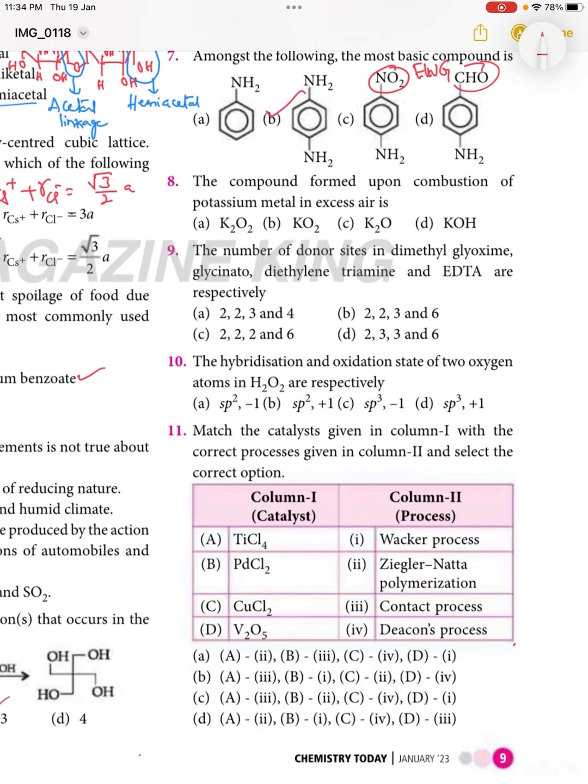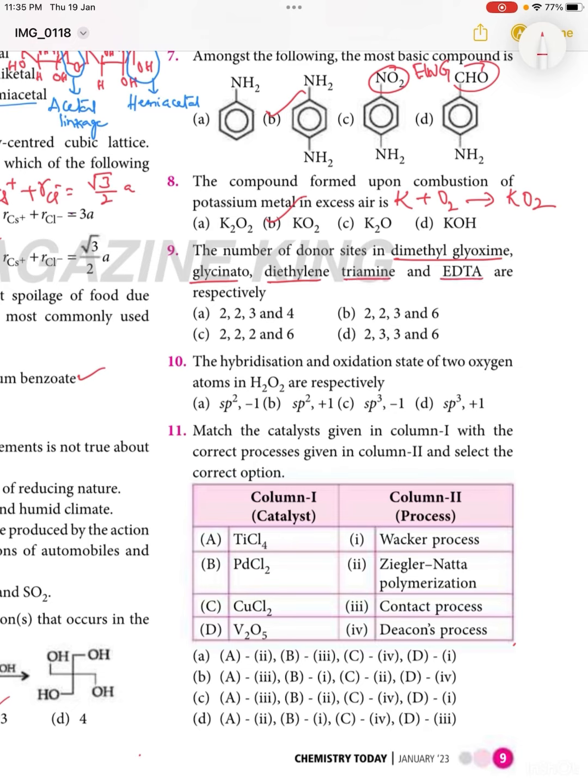Next, the compound formed upon combustion of potassium metal in excess air is, yes, potassium when it reacts with excess air will give potassium superoxide. KO2 is formed. B. Next, the number of donor sites in dimethylglyoximato, glycinato, diethylene triamine and EDTA are.